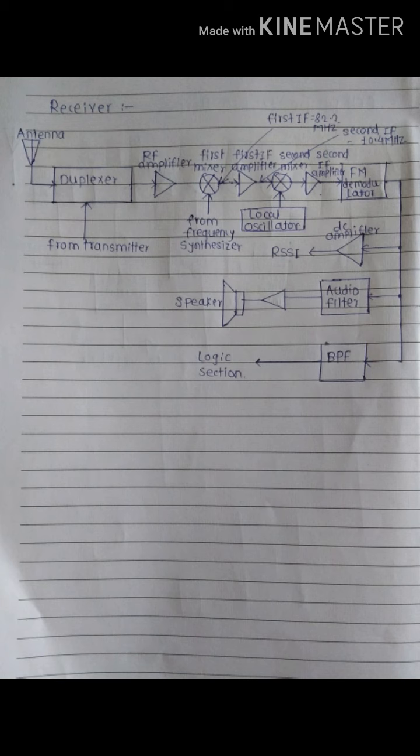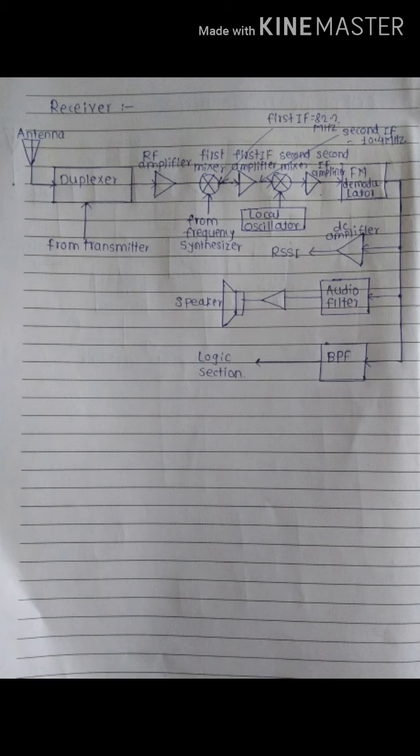With the help of the demodulator output, the DC amplifier produces an equivalent DC voltage level which indicates the strength of the received signal.